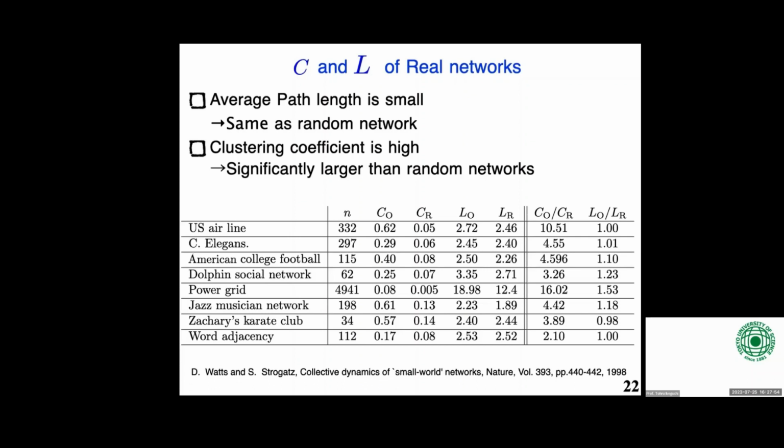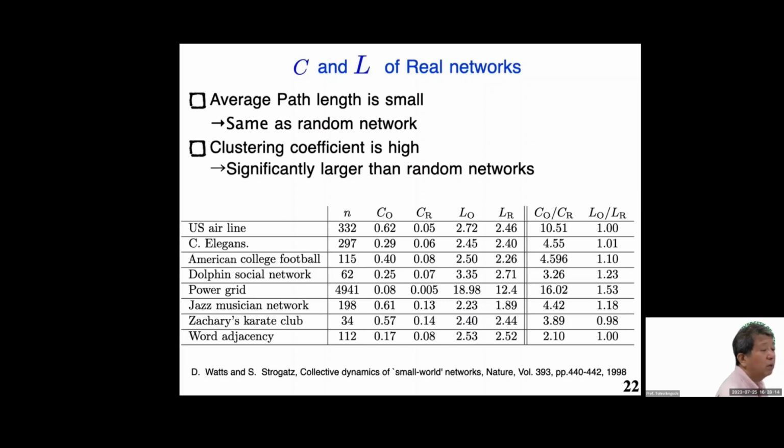And in the table, small n is the number of vertices in the network. The number of vertices and edges differs among networks. Therefore, a sort of normalization is required when we are discussing the average path length and the clustering coefficient between different networks.